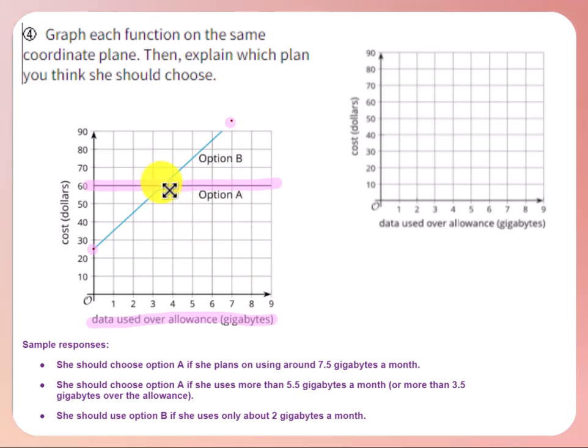It's going to be cheaper if we go over 5.5 gigabytes per month, or more than 3.5 gigabytes, because we're going to subtract those two that we get. And she should use B if she uses only about 2 gigabytes per month. So different ways to word it. What is it that you see? Now they're the same when she uses over 3.5 gigabytes per month.